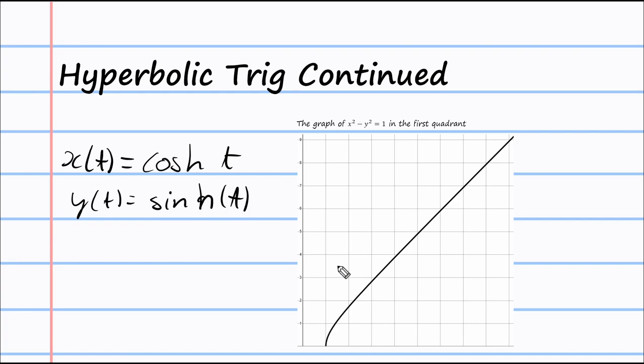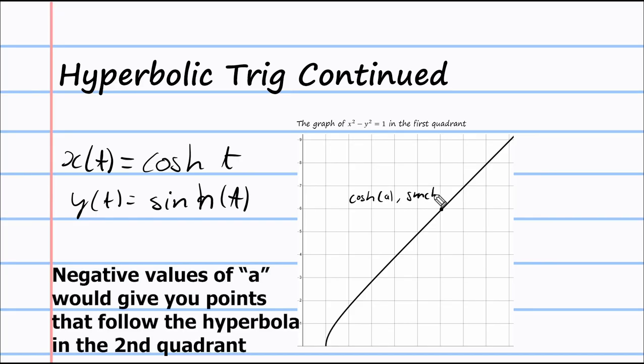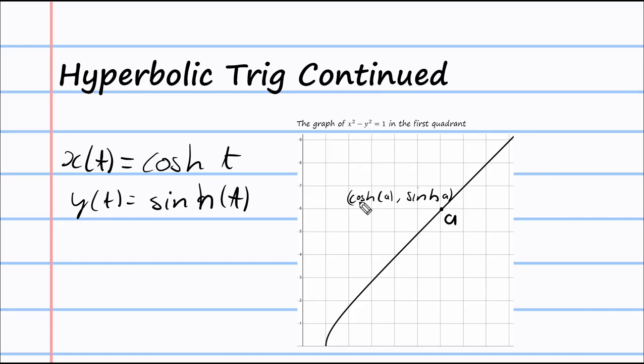All right? So we can label any point here, and the coordinates would be cosh A, sinh A. So point A has the coordinates cosh A and sinh A. Now it's even crazier if I draw a line from this point to the origin.